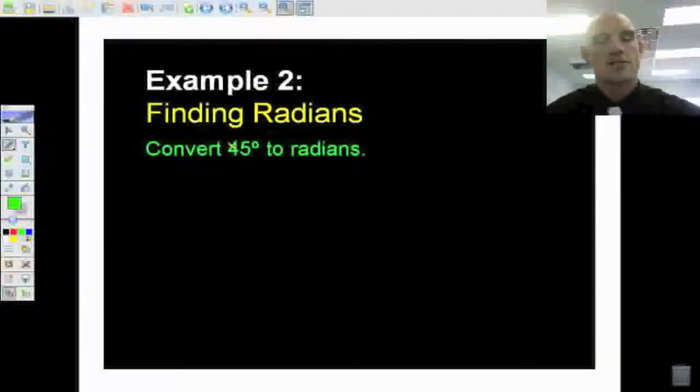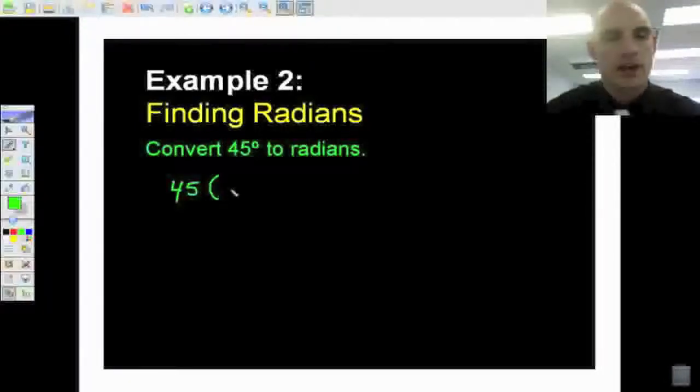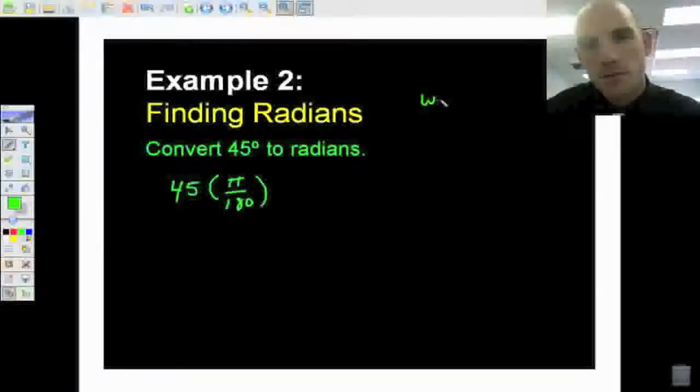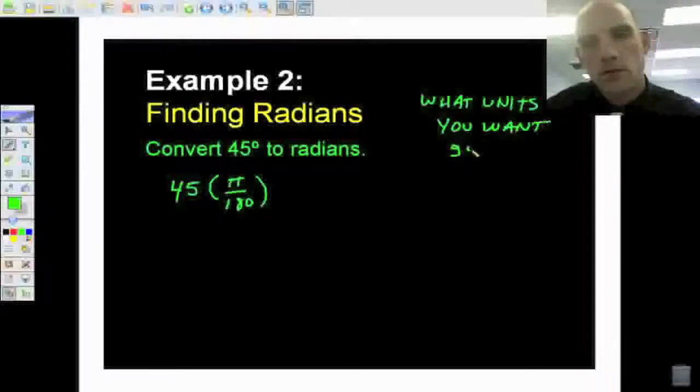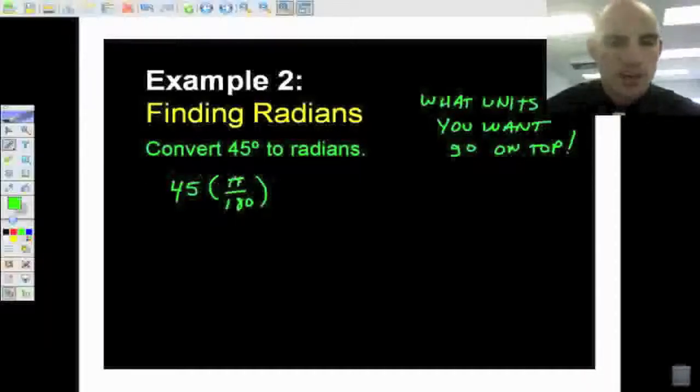Now we're going to convert 45 degrees to radians. So we're going to say 45 times, and 1 degree is equal to some number of radians. So I'm going to multiply by pi over 180. The key here is to say what units you want go on top. In this case I want radians, so pi is going to go on top.